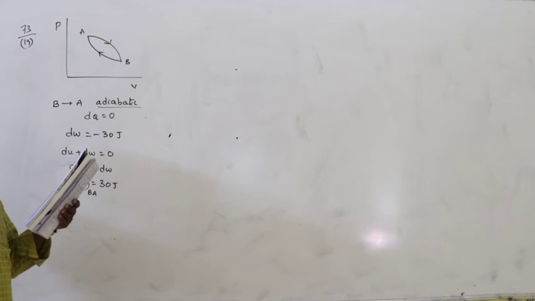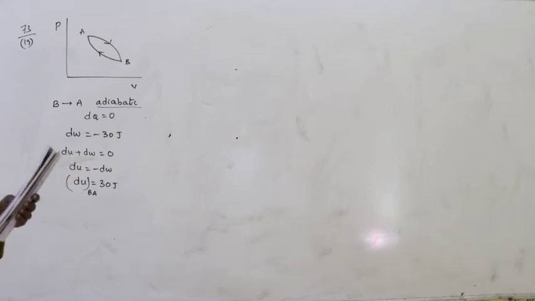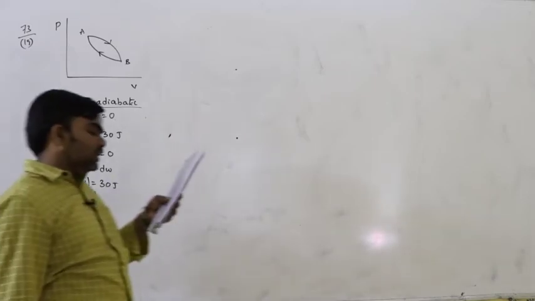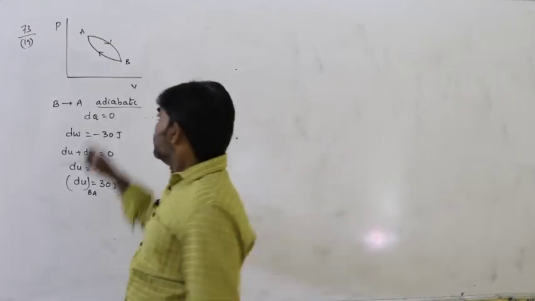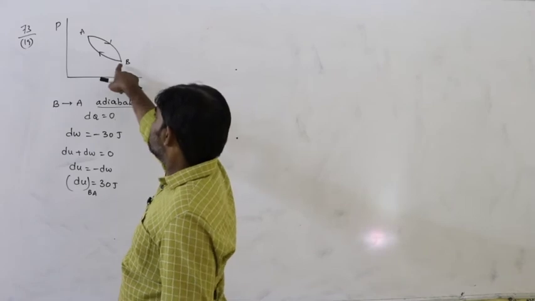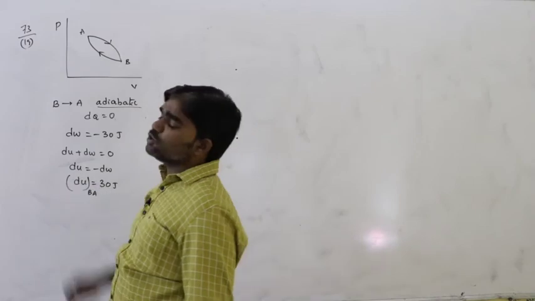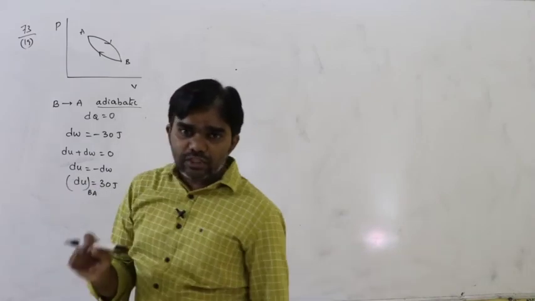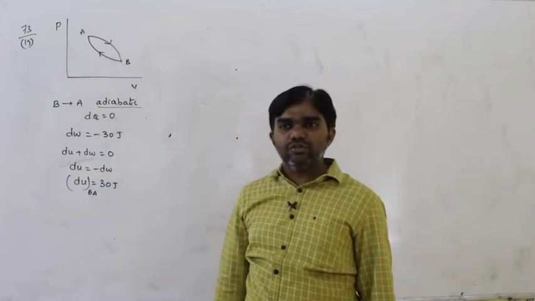Now, when the gas is taken from A to B, the heat absorbed by the gas is 20 joules. What is the change in internal energy of the gas in the process A to B? Here it is B to A and A to B. This is a closed process. Whatever the internal energy change is in this case, the same amount exists in the other direction, because internal energy does not depend on the path followed, it depends only on the initial and final positions.